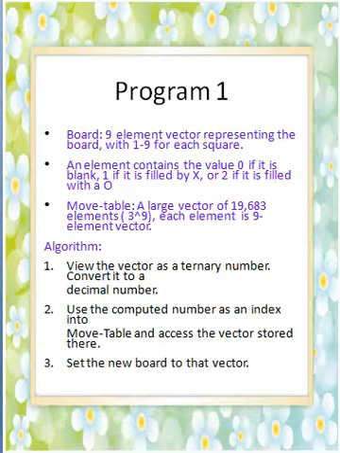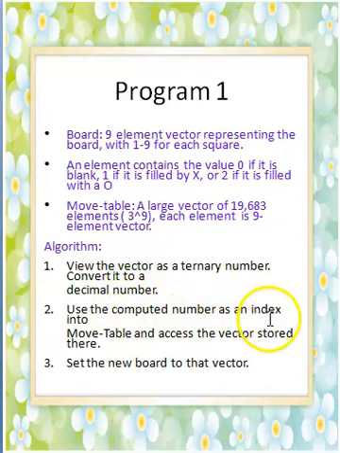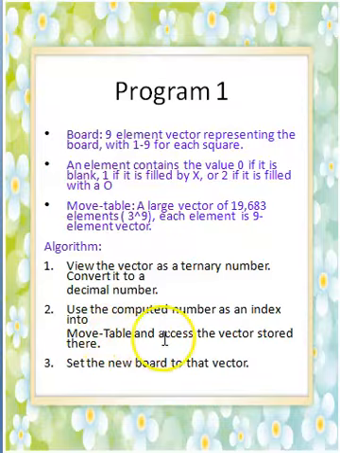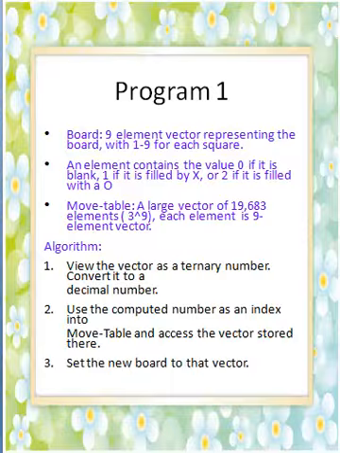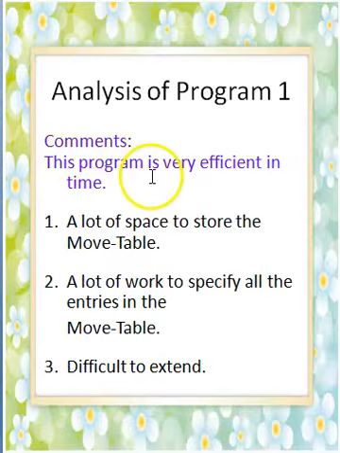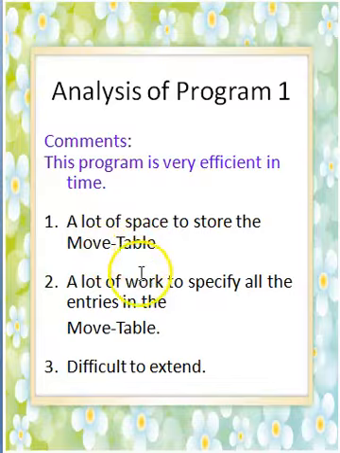So the algorithm is: view the vector as a ternary number and convert it to decimal, and then use the computed number as an index in the move table, and accordingly we will select the new move. Now the analysis of this program is, it will require a lot of space for the move table and a lot of work to specify all the entries.